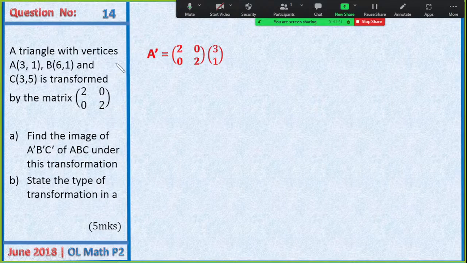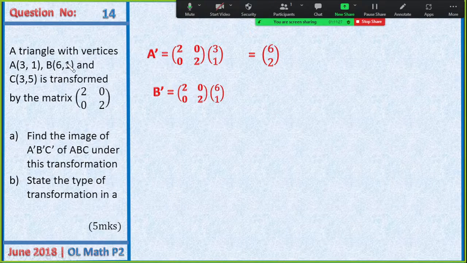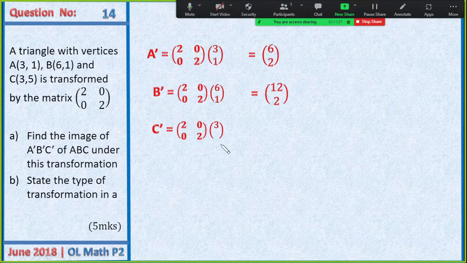The first point is (3, 1), so that gives us (6, 2). B' will be this transformation matrix times the point B, which is (6, 1). This will equally give us (12, 2). And C' will be this matrix times the coordinate of C, that's (3, 5), and that gives us that. So these are the coordinates of the image.